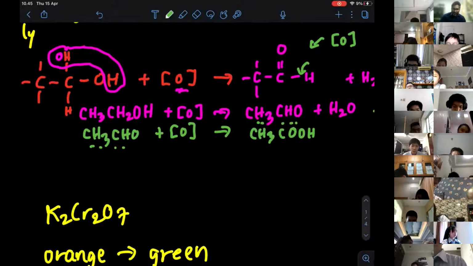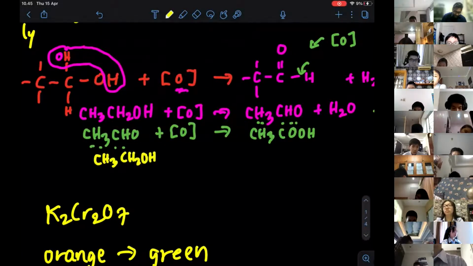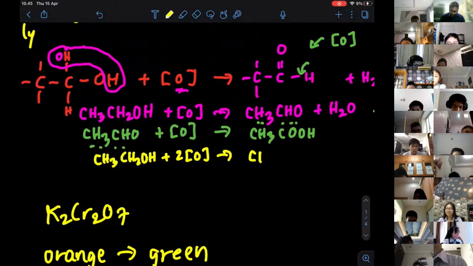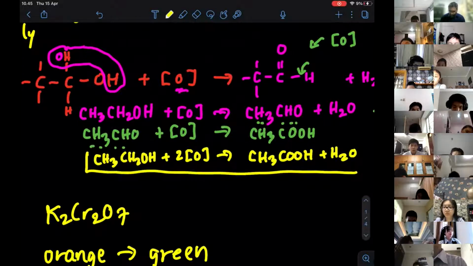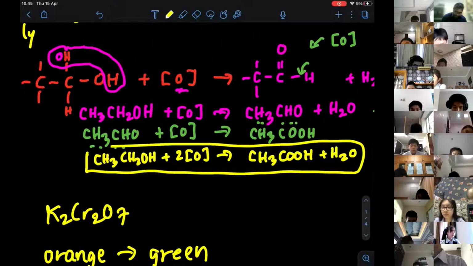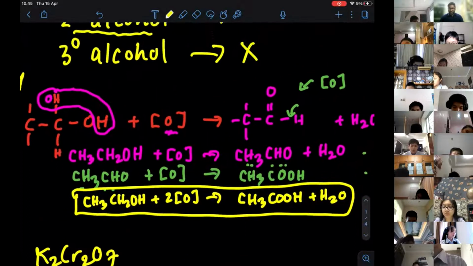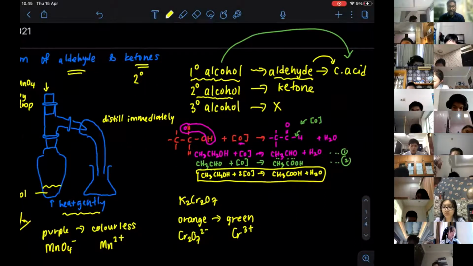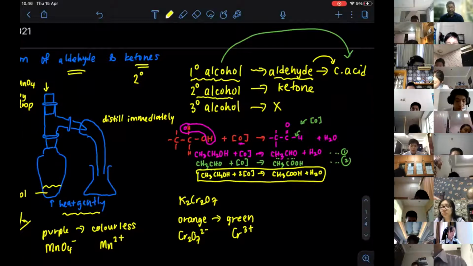So the equation should be CH3CH2OH plus 2 moles of O giving you CH3COOH plus H2O. If you want to write down the entire equation, meaning you are converting primary alcohol to carboxylic acid, that will be the way to oxidize it.